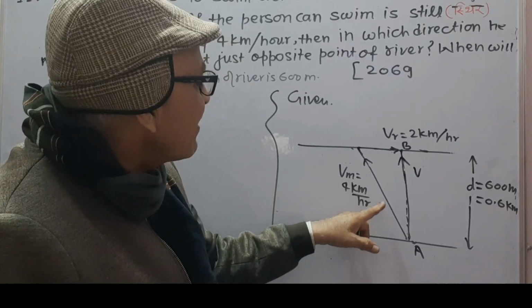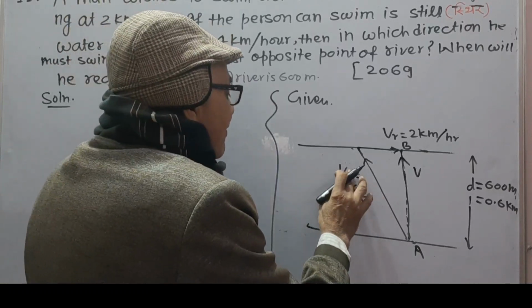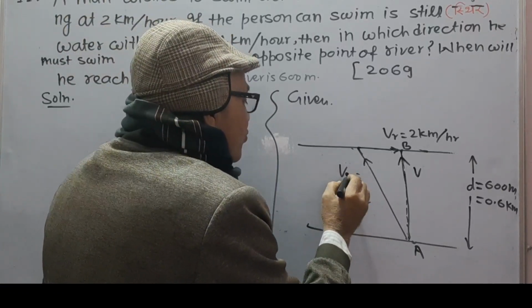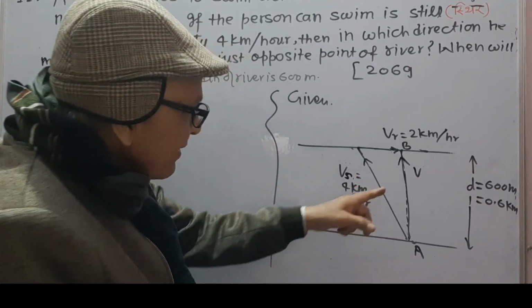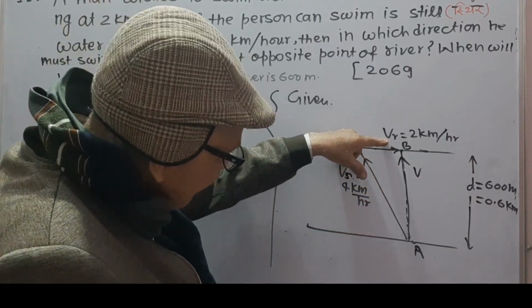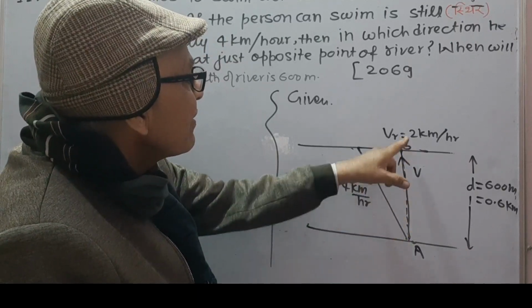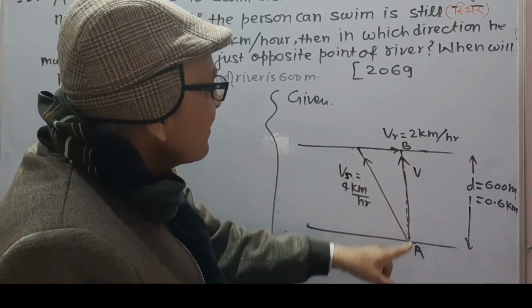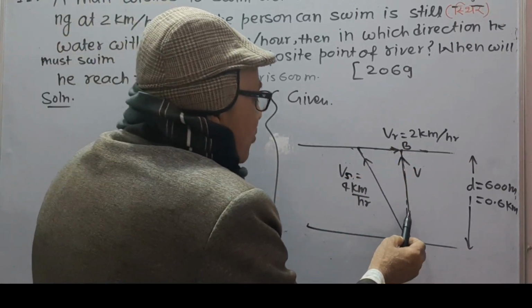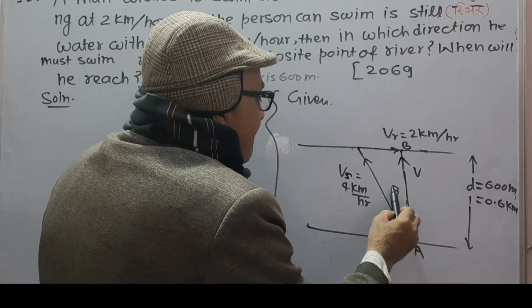Then the vector sum of velocity of swimmer and the velocity of river must be equal to the velocity along AB. Suppose this angle is beta.